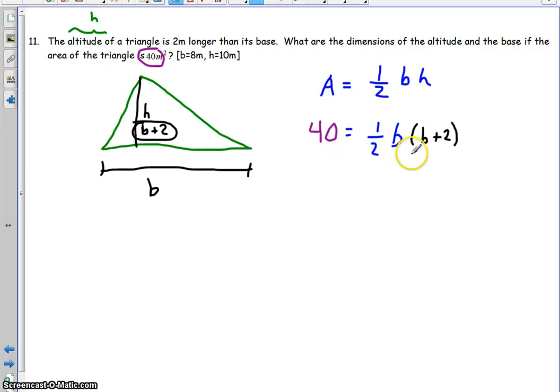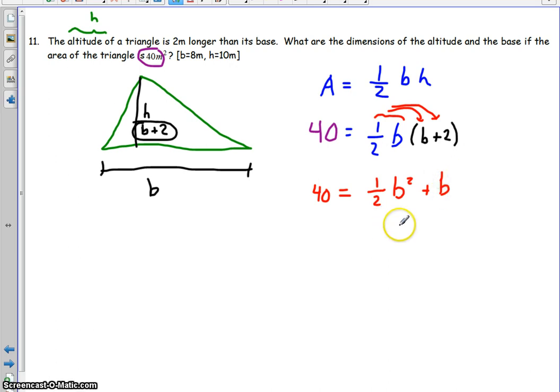So what I'm going to do here is expand everything out. I'm going to leave the 40 alone on the left for now; I do eventually have to bring it over. So I have half b, and I'm going to multiply that into the bracket using the distributive property. It's going to give me half b squared, and then half b times 2 is just going to be 1b.